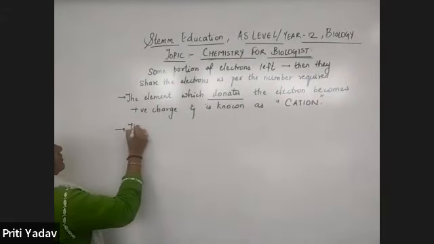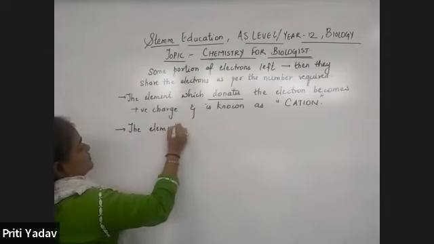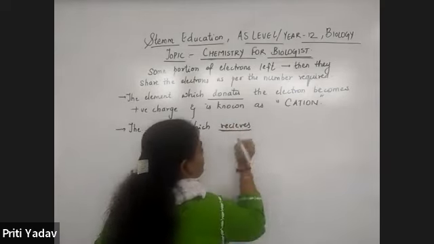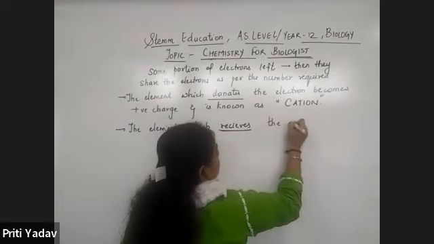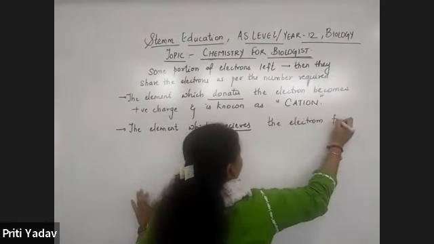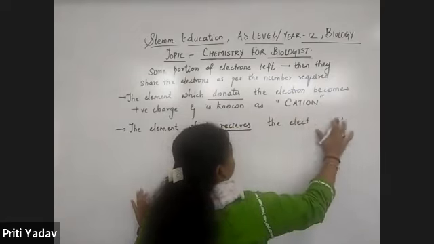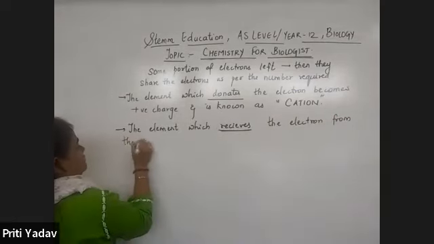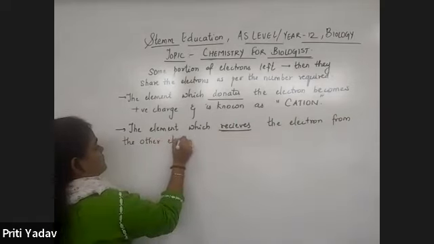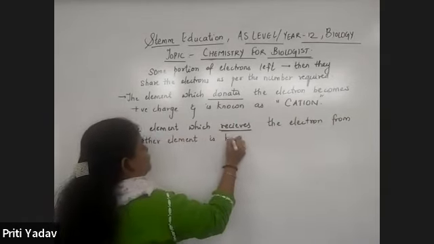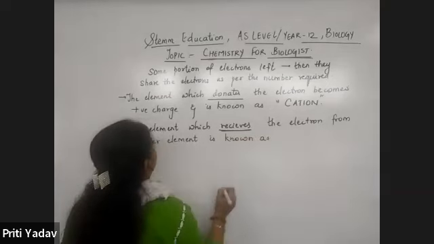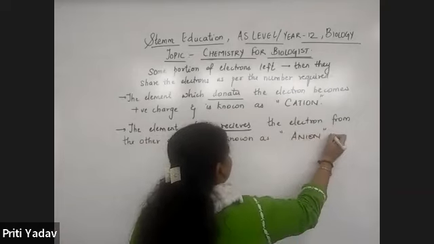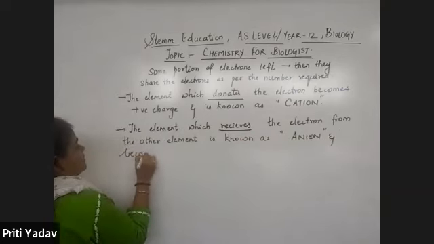The next thing comes the element which receives the electron from the other element is known as anion and becomes negatively charged.